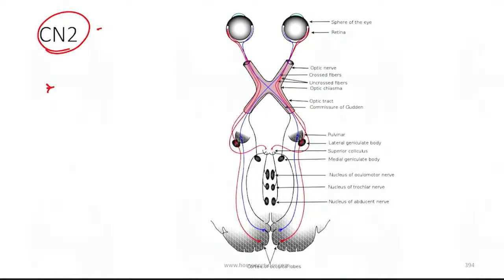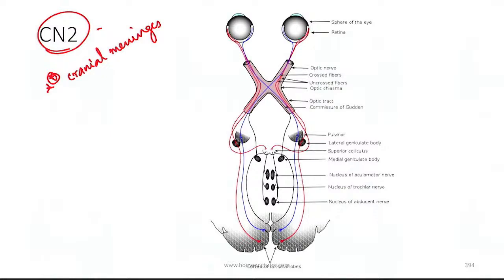That is one thing you need to remember. That is why in multiple sclerosis, which affects the central nervous system, it affects only one cranial nerve, that is the optic nerve. That is why optic neuritis occurs in multiple sclerosis.